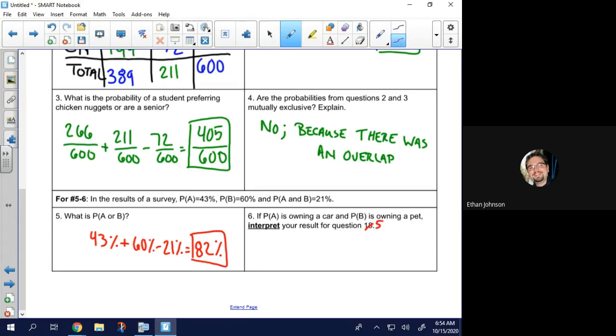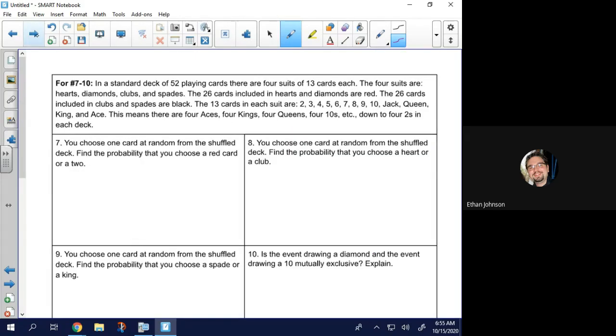So, in words, we would end up saying then 82% of people have a pet or a car. Or is the key word in this problem.